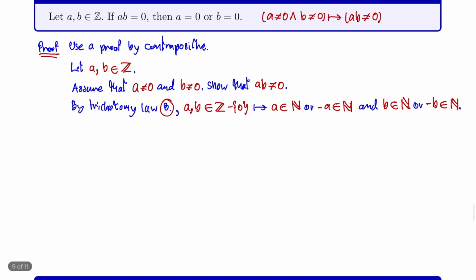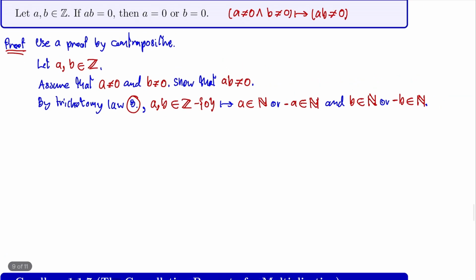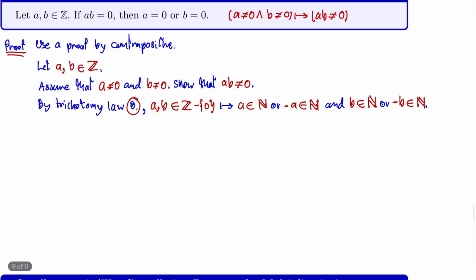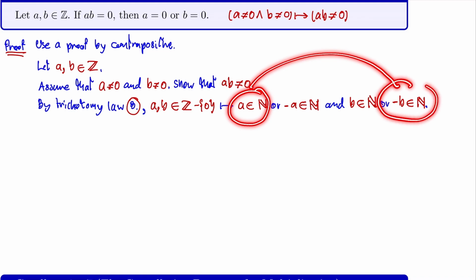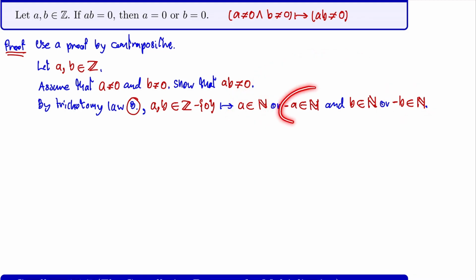Again, by the trichotomy law, I will split into four cases: a positive and b positive; a positive and b negative; a negative and b positive; and both a and b negative.